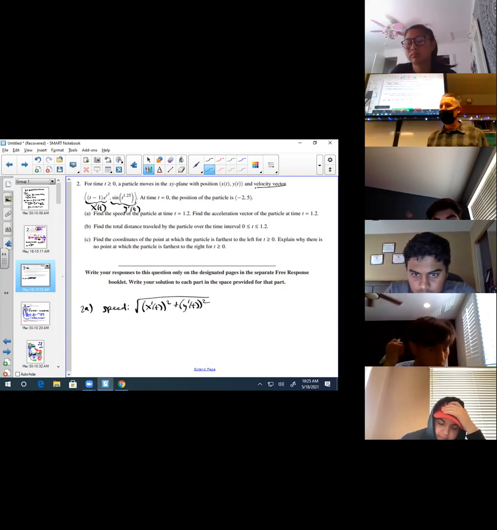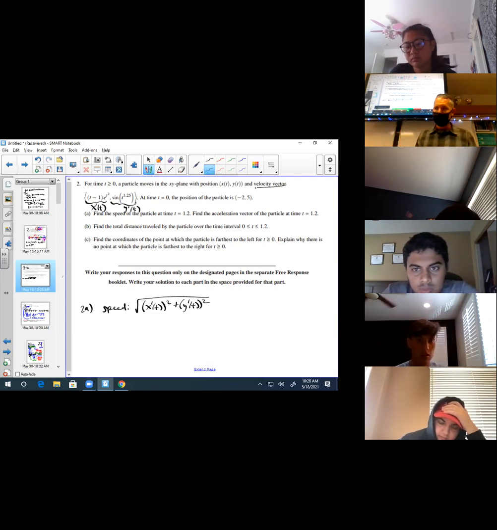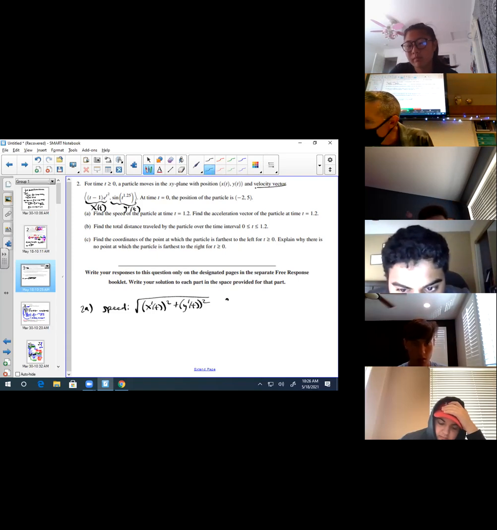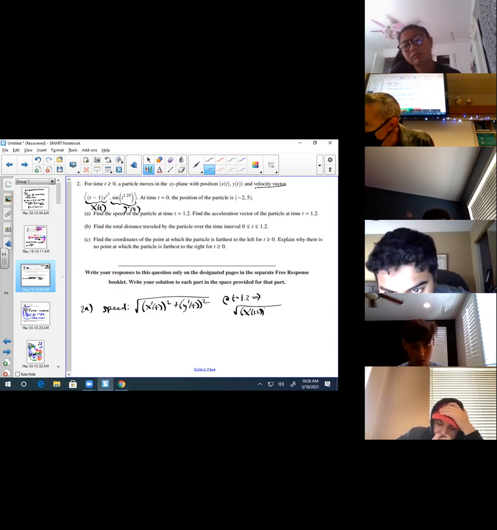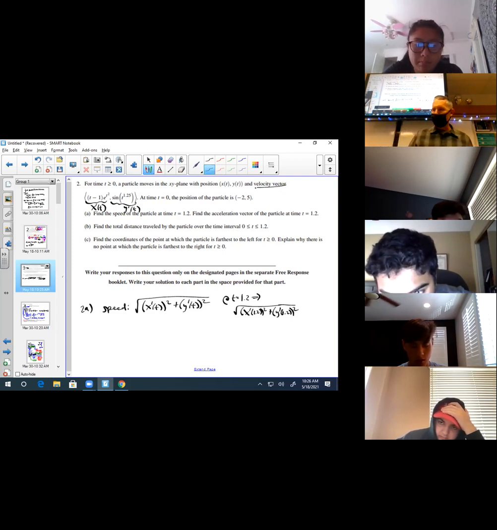Find x prime of 1.2 and y prime of 1.2, square each of those separately, add them together, and then take the square root of that, because that's the formula for speed. So at t equals 1.2, that gives us the square root of x prime of 1.2 squared plus y prime of 1.2 squared, and whatever that ends up being. We'll come back to that, or I'll show you the solution for that later.